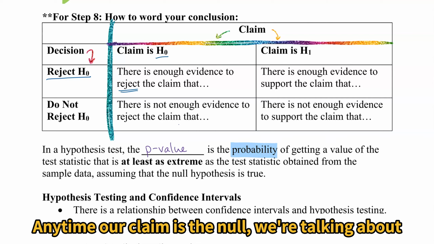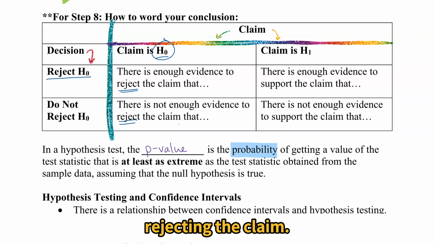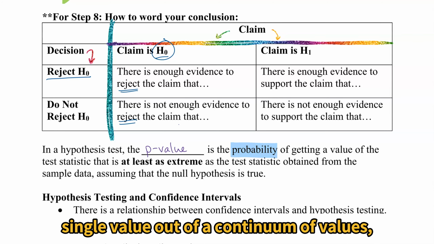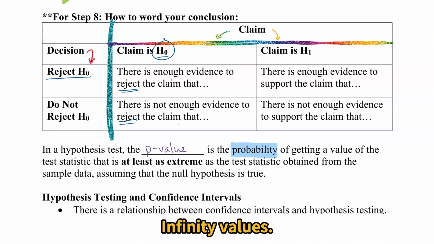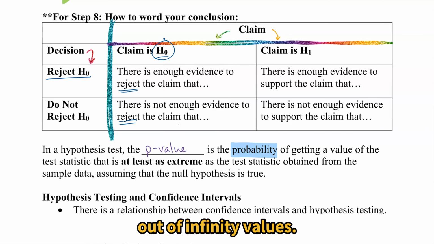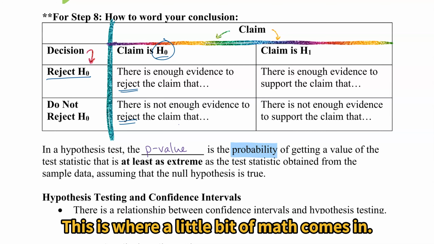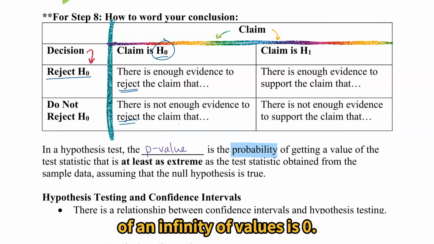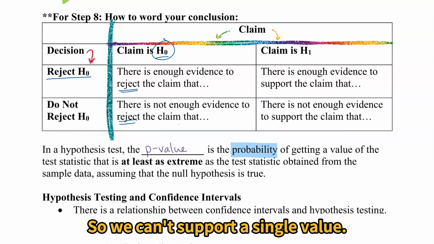Anytime our claim is the null, we're talking about rejecting the claim. And this is because the null is representing one single value out of a continuum of values, infinity values. We can't support a single value being true out of infinity values. This is where a little bit of math comes in. The probability of that single value out of an infinity of values is 0. So we can't support a single value.